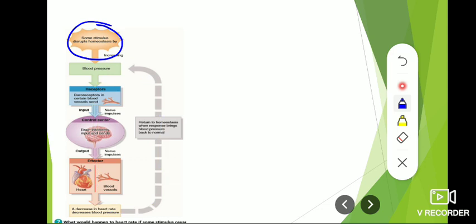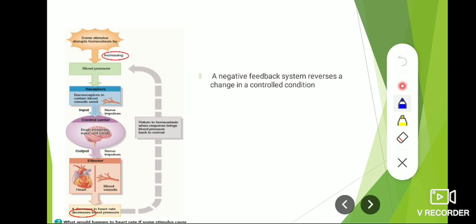Okay, now see, the stimulus was an increase in pressure because of something. Now this leads to a decrease in the pressure. This means the stimulus is increasing and the response is decreasing. It is negative. So increasing pressure leads to decreasing pressure, and that is called a negative feedback mechanism. It is the most common in the body.